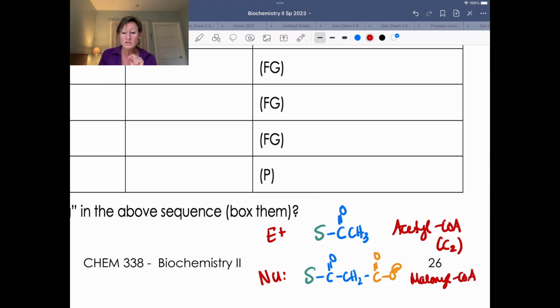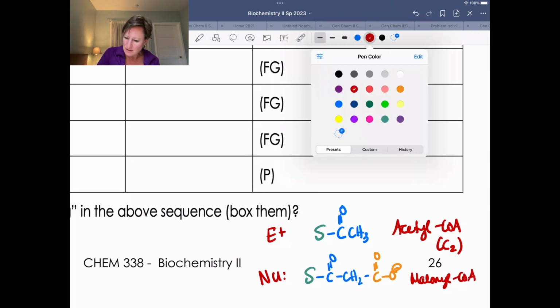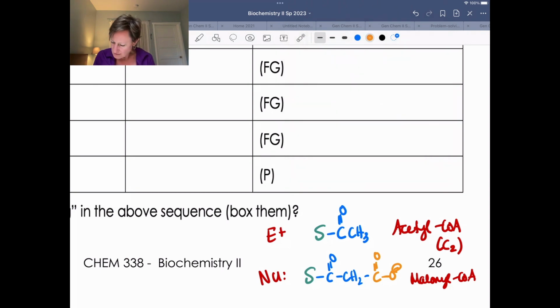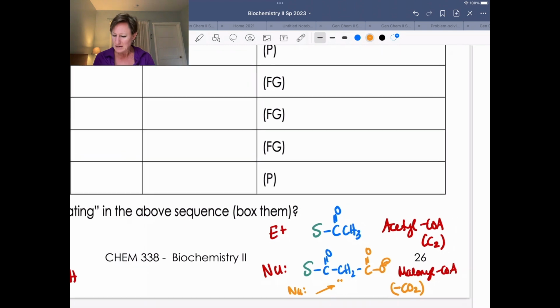So what's going to happen, I'm just going to highlight this here. We are going to have the loss of CO2, and that's ultimately going to put a pair of electrons here and make this guy be our nucleophile. So that's how that chemistry works. Remember, malonyl-CoA is a beta keto acid, and so we're going to be able to use it in that sense to decarboxylate and generate the nucleophile that we need.